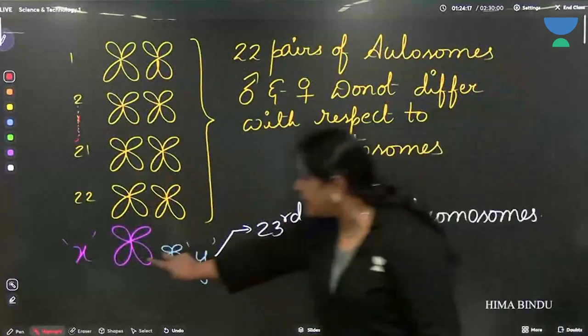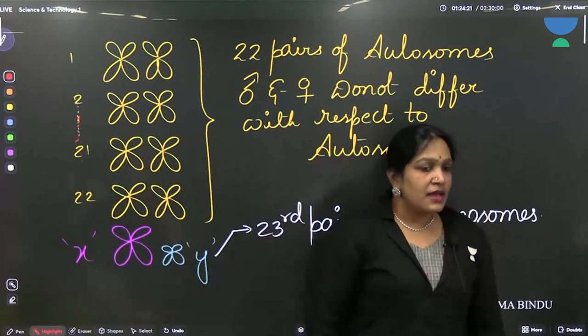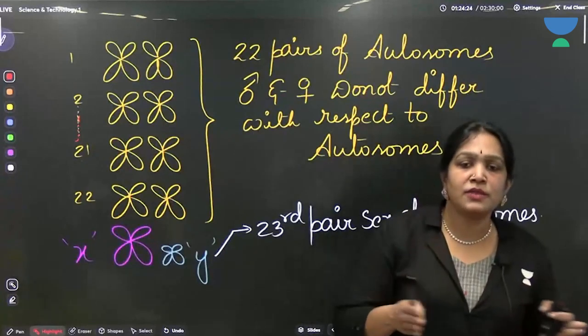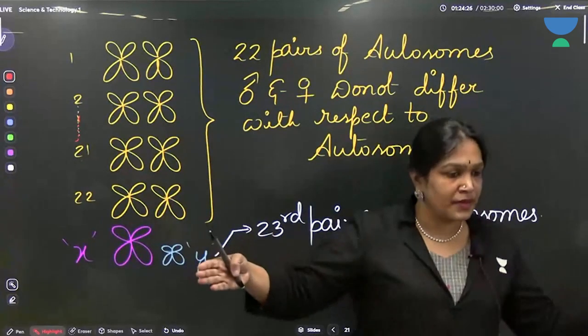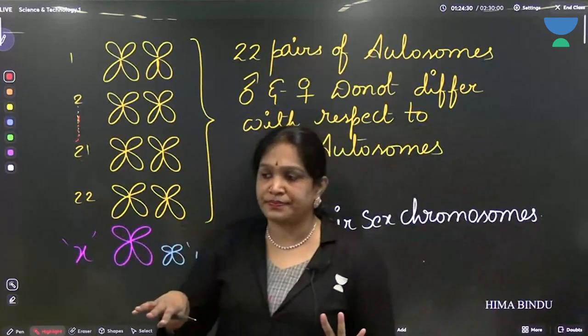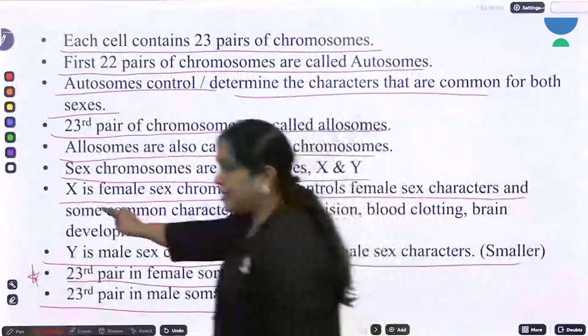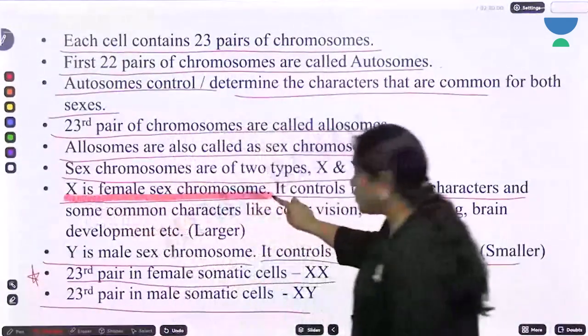Did you notice that between X and Y, X is a larger chromosome? Larger chromosome है ना तो ज़्यादा genes होगा. There are more genes, so it can do more functions. So what happens is, look here, X is a female sex chromosome.